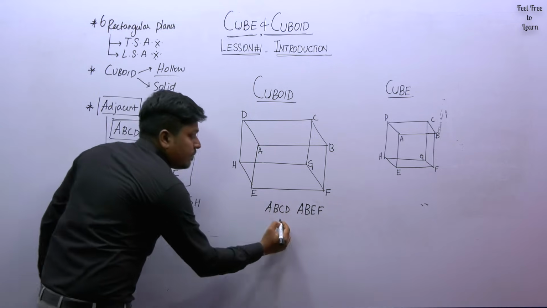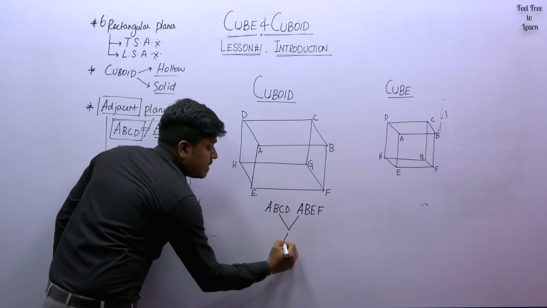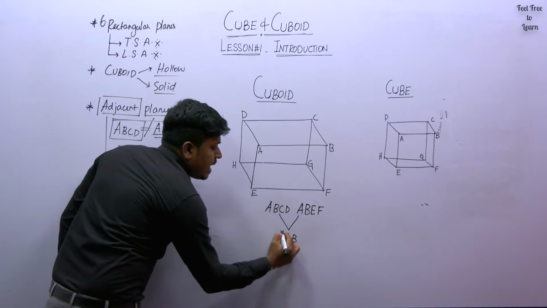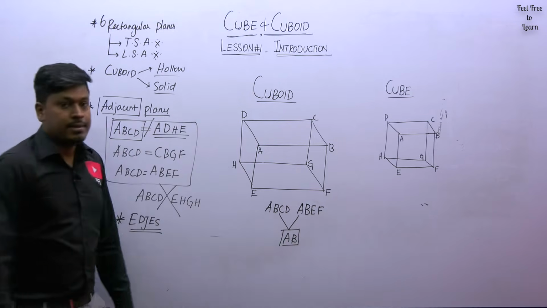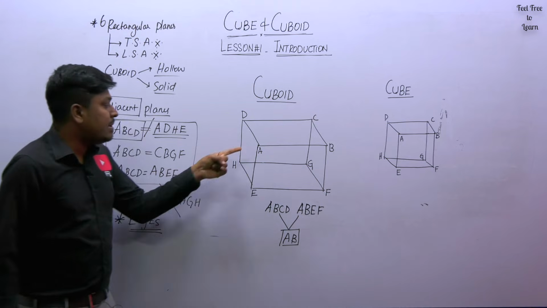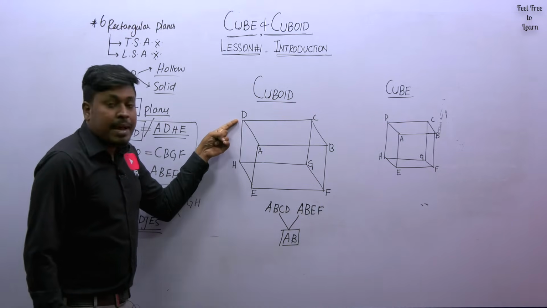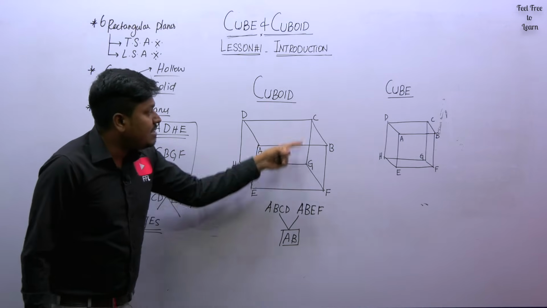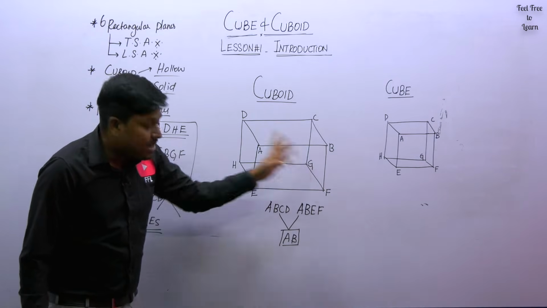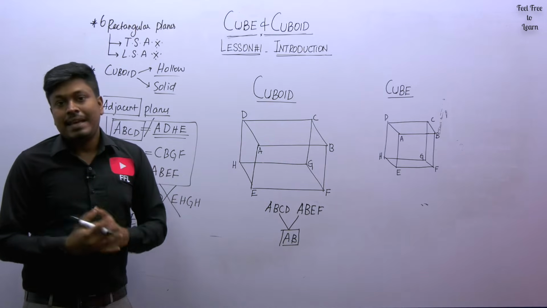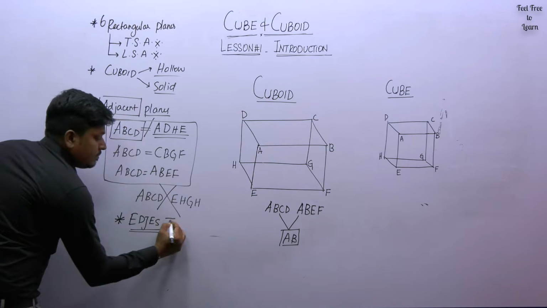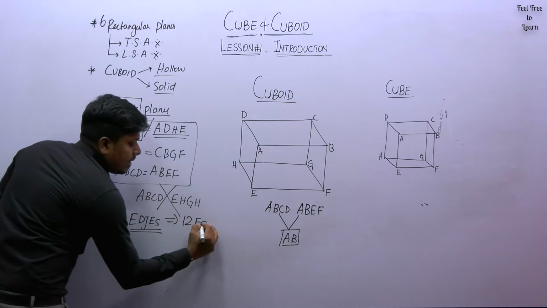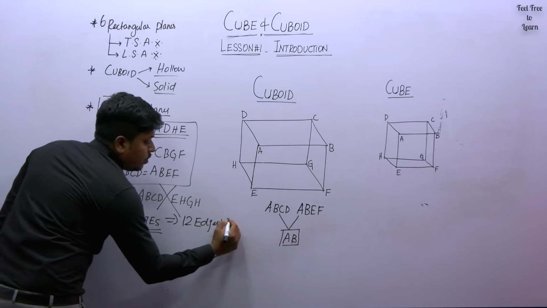So we can say that for these two rectangular planes, AB is the edge. One edge. Friends, got it or not? Similarly, AD will be another edge. AE, HE, and similarly GC, CB, BF. So these are called edges. So totally there are 12 edges in a cuboid.